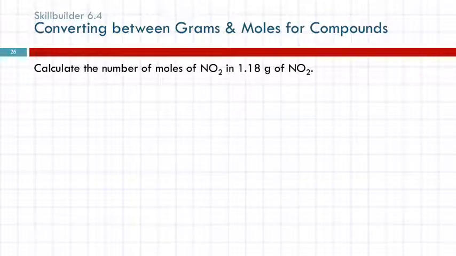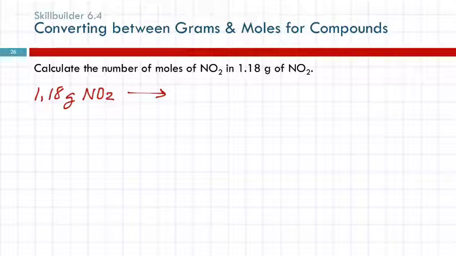Find the number of moles of NO2 in 1.18 grams of NO2. We got 1.18 grams of NO2, and they want moles.